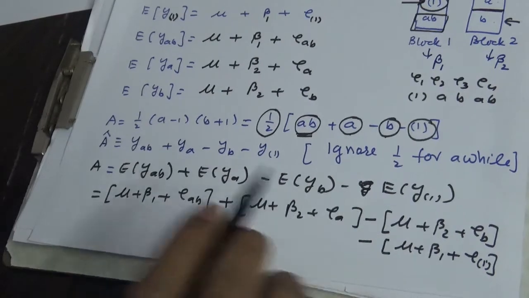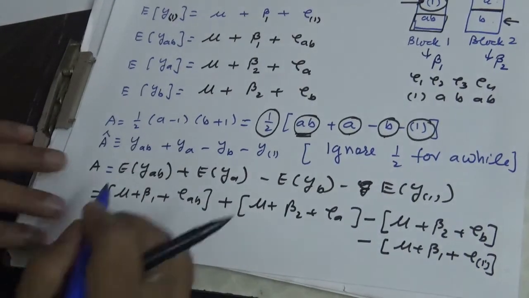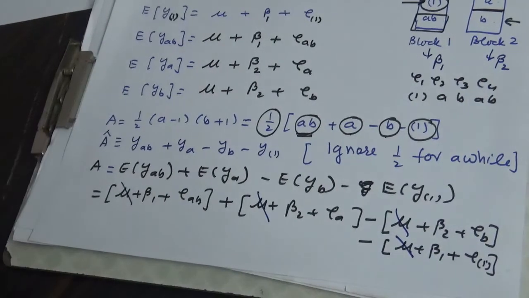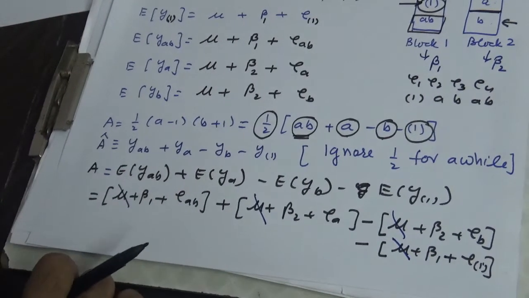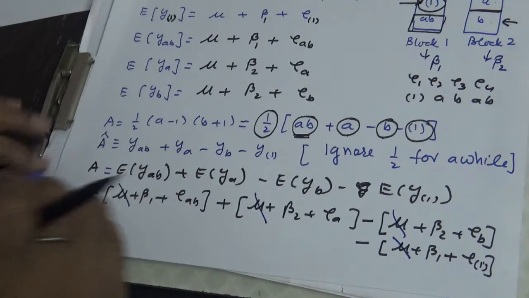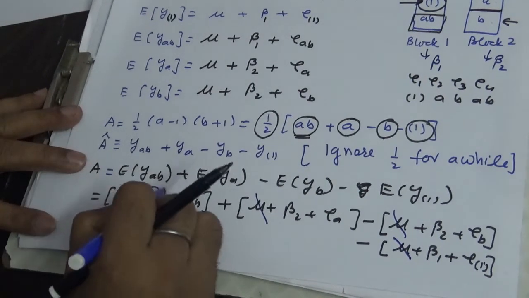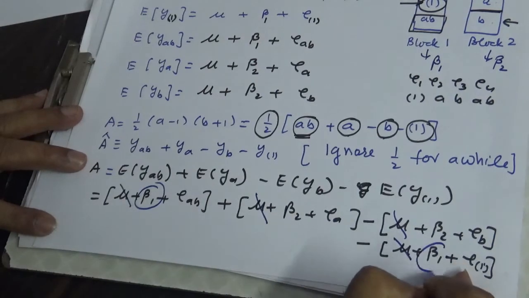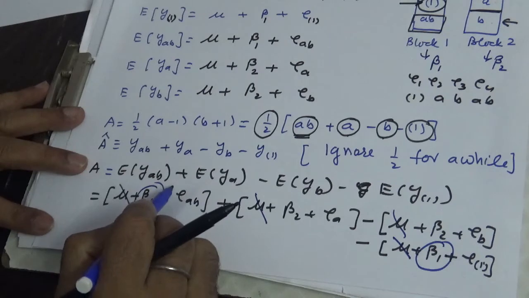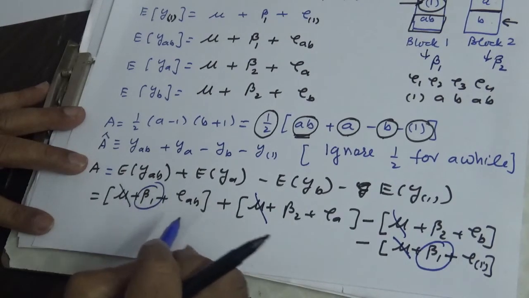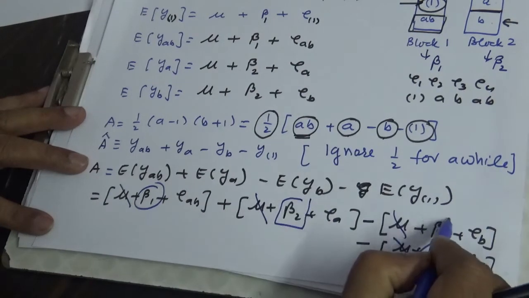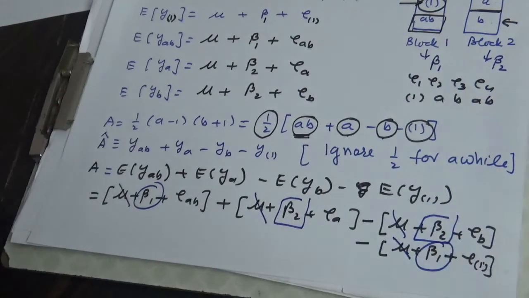Right. So you can see here from these equations, this mu and mu get cancelled out. And what about here beta 1 and beta 2? You can see here this is plus beta 1 and this is minus beta 1, so they get cancelled out. And similarly here, this beta 2 plus beta 2, and this is minus beta 2, they get cancelled out.